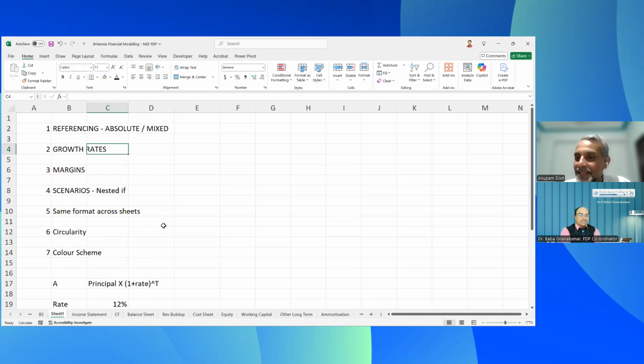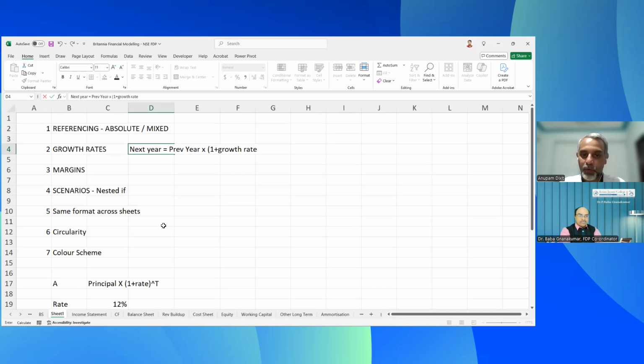Then in a financial model, when we are projecting the values for the next 5 years, we often use a growth rate, right? Next year's value is equal to previous year's value multiplied by, using the distributive property of maths, 1 plus the growth rate, right?